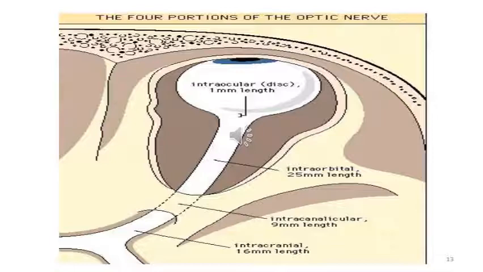It begins at the posterior part of the globe and ends at the optic foramen, which is the opening of the optic canal. Inside the optic canal, there is the intracanalicular segment of the optic nerve, which is about 6 millimeters in length. From the posterior opening of the optic canal to the chiasm, we have the last portion, which is the intracranial portion. It varies in length, but is usually about 10 millimeters. So the optic nerve begins at the optic disc and ends at the chiasm.